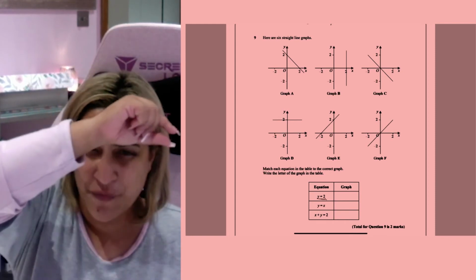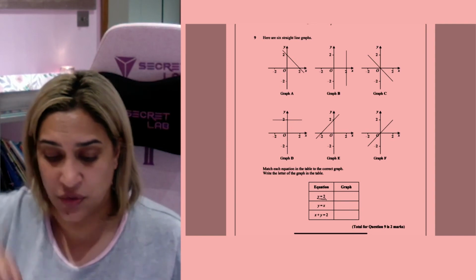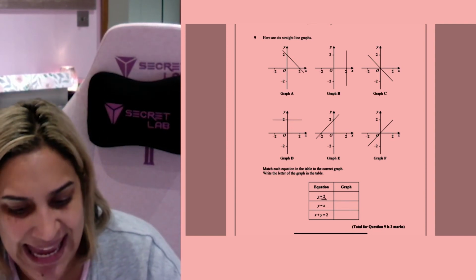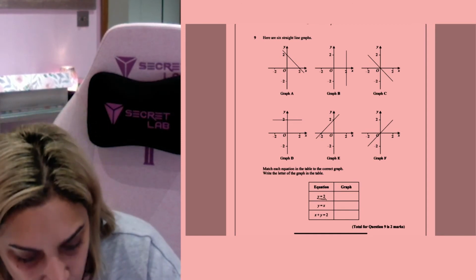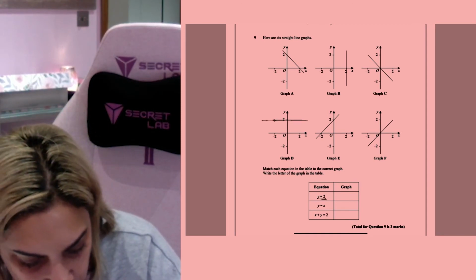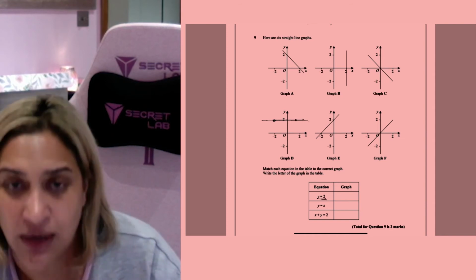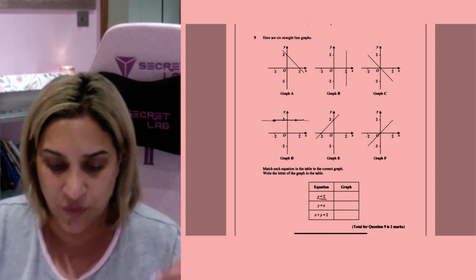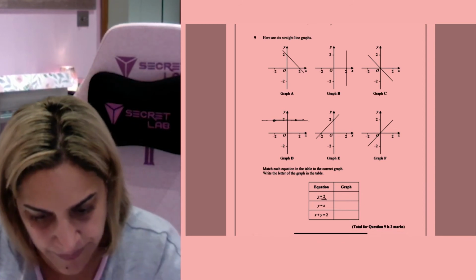So that means everywhere along the line, y is 2. So the only one with a straight line where everything along that line, y is 2, is this one. Can you see? So if I take a point here, y is 2 everywhere along this line. So it'll always be a horizontal line for y equals. So that's D.